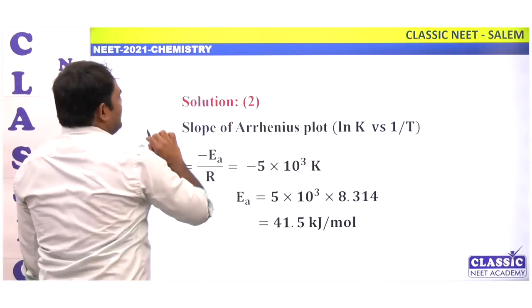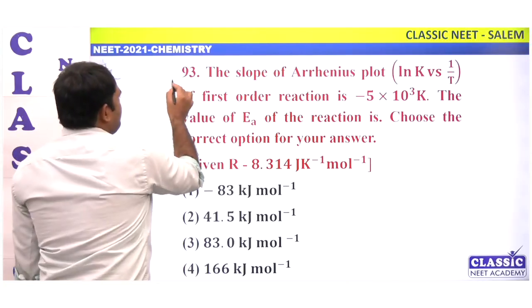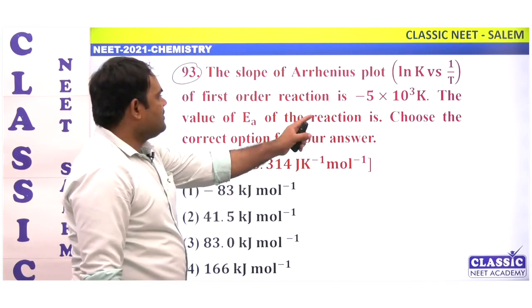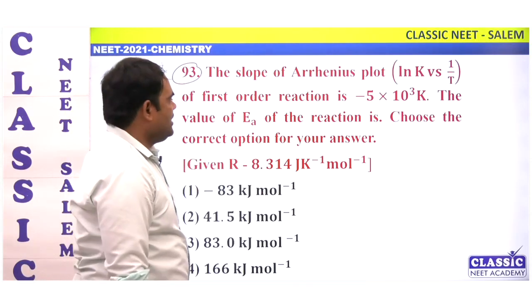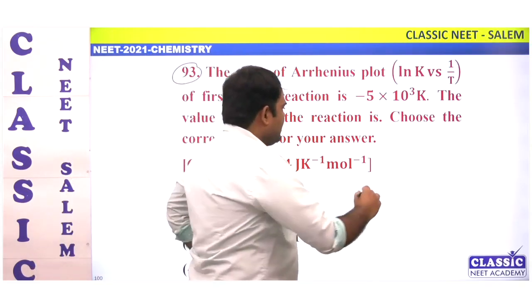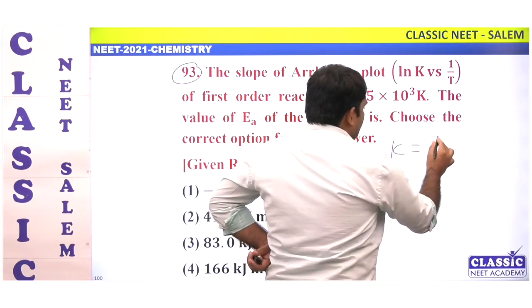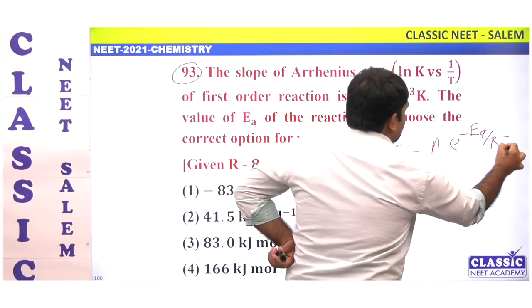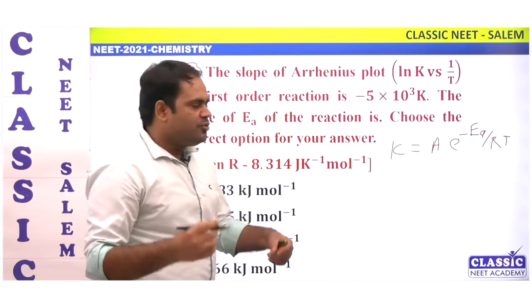Question number 93 here. The slope in the Arrhenius equation is given as minus 5 into 10 to power 3 Kelvin. He is asking what the value of the activation energy is. You know that the Arrhenius equation is K is equal to A e to power minus Ea upon RT. We can take ln on both sides.